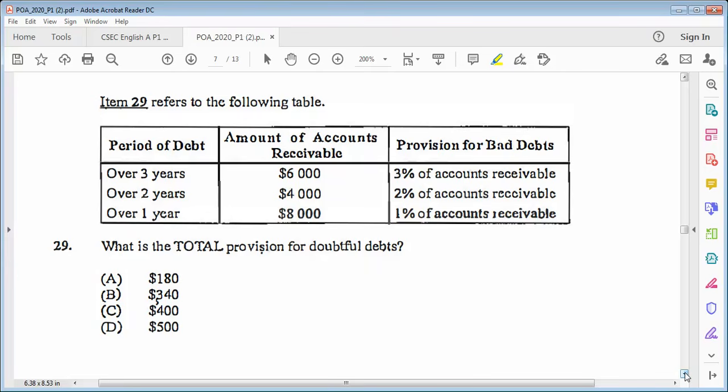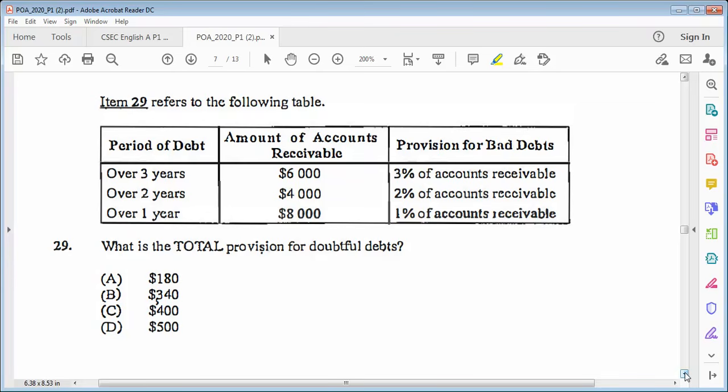Well, we find 3% of $6,000. Then we find 2% of $4,000, and then we find 1% of $8,000. So when we find 3% of $6,000, we get $180. 2% of $4,000, we got $80.